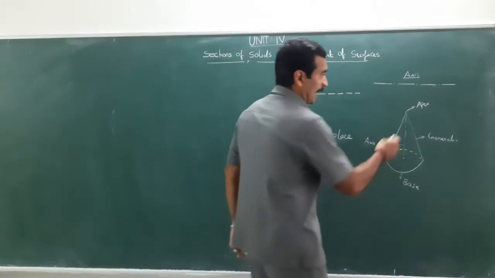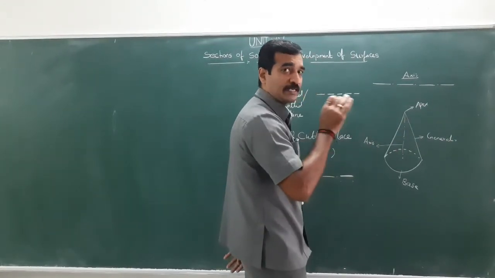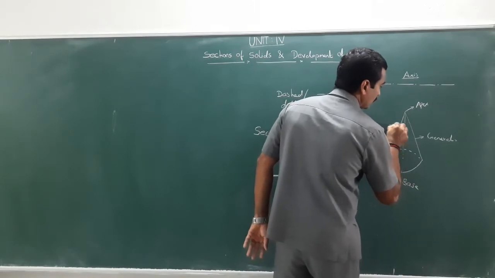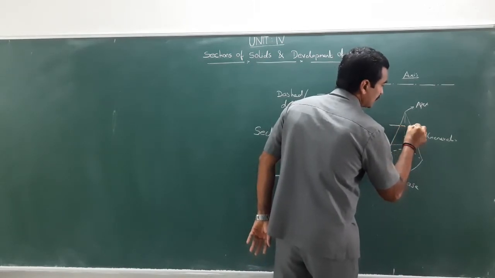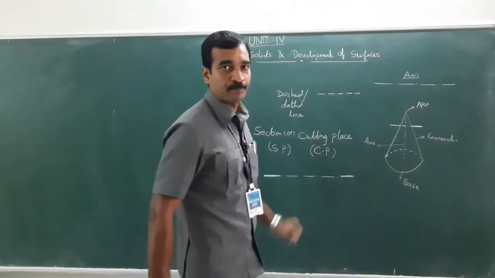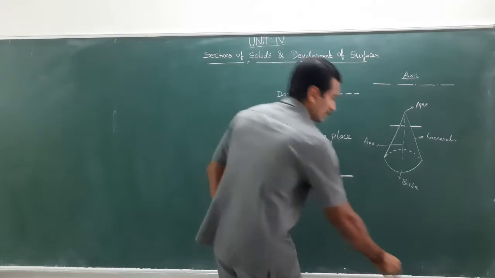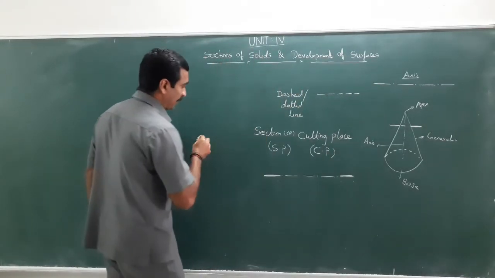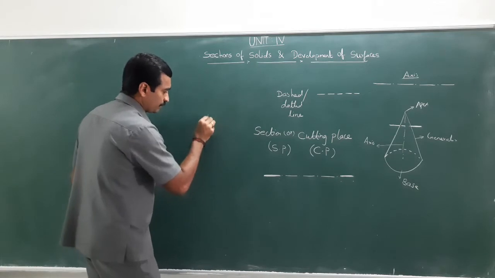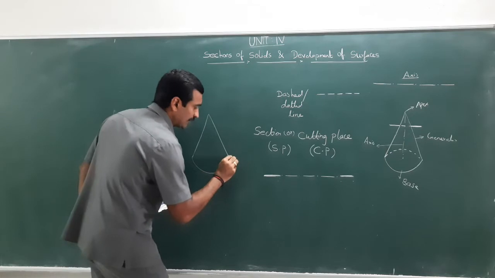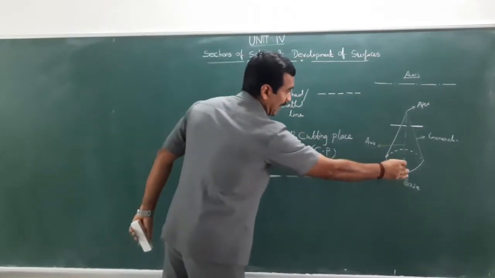Suppose I am cutting this object by using the cutting plane in this manner. Let me just draw it here in a detailed manner. So the object is being cut in that way, parallel to the base.